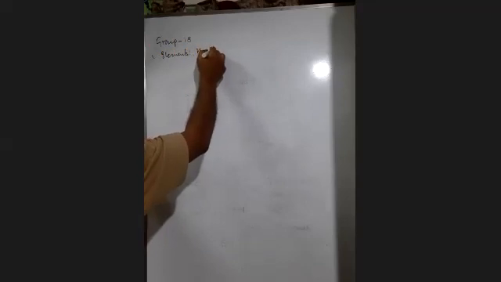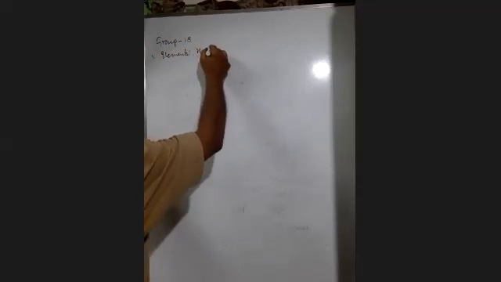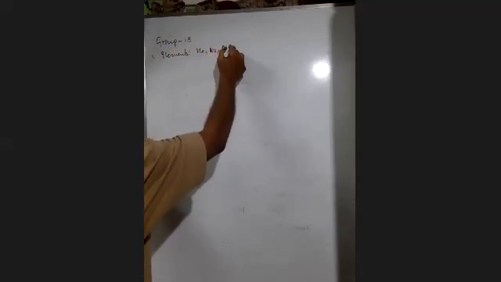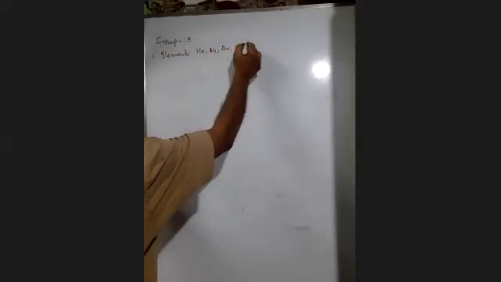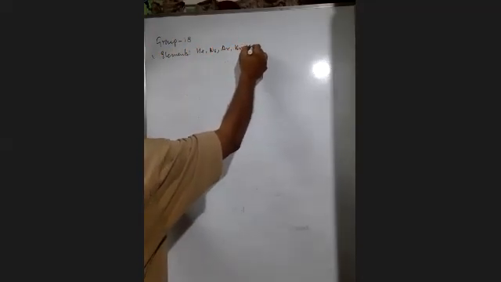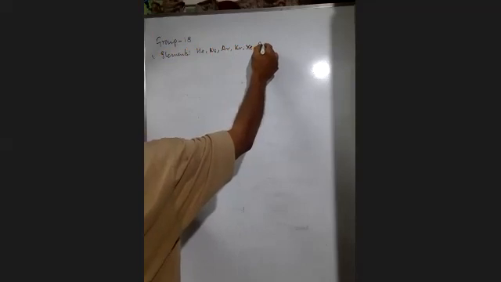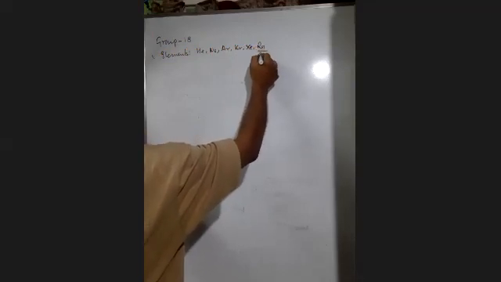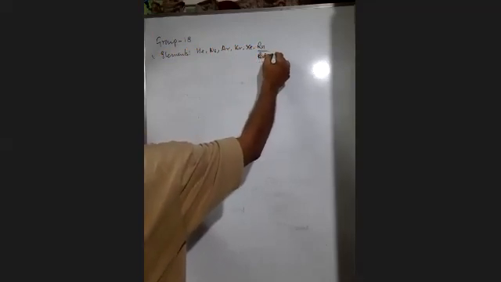Group 18 elements: helium, neon, argon, krypton, xenon, and radon.